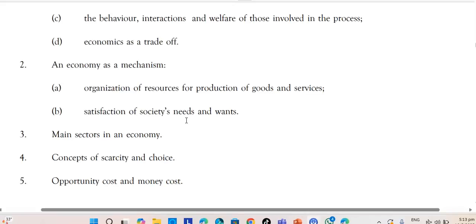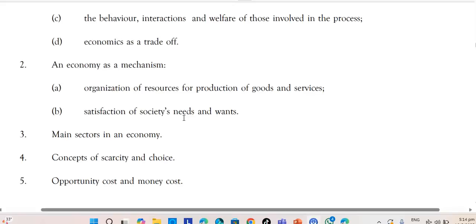So a good economy works to produce enough goods and services to meet the needs of all its people. A good economy distributes goods and services fairly, ensuring that the needs and wants of everyone are met. Not some people, everyone.